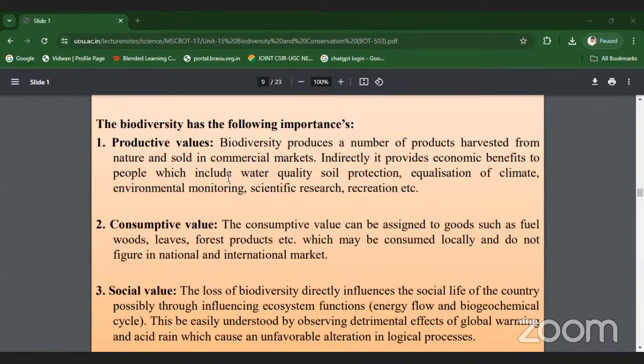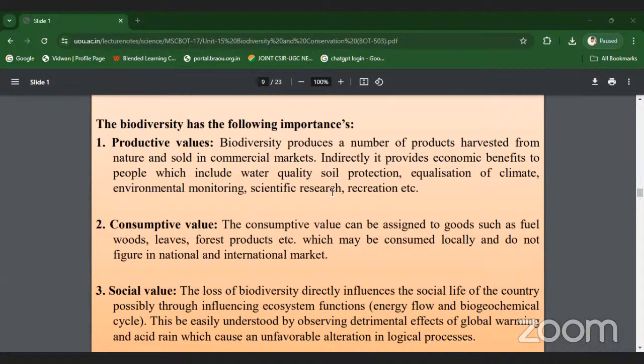Different types of plants are produced by harvesting, and they can be sold in the commercial market, indirectly providing economic benefit to people, which includes water quality, soil protection, climate stabilization, environmental monitoring, scientific research, etc. For example, food, timber for commercial use, fuel for heating and our daily uses, and timber for furniture. So this is all productive value.